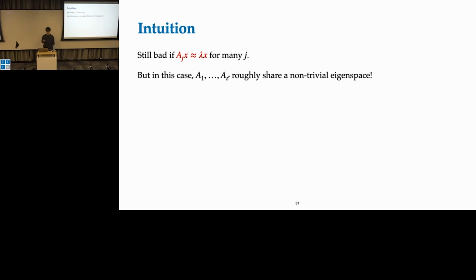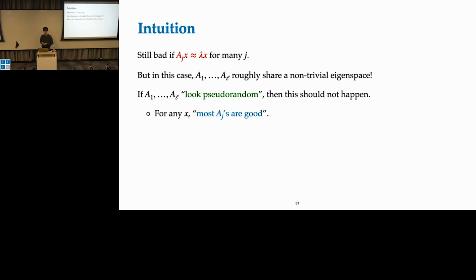If this happens, then we know that these matrices roughly share a non-trivial eigenspace. We know that they all share the all ones eigenspace, but if this happens, then they also roughly share a non-trivial eigenspace. And this should not happen if we can choose A1 to AL that look pseudo-random. At a high level, it means that for any x, most AJs are good.